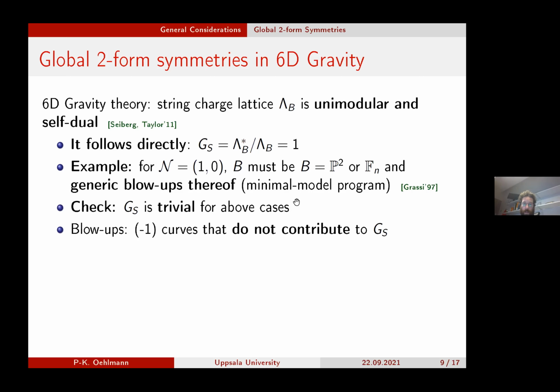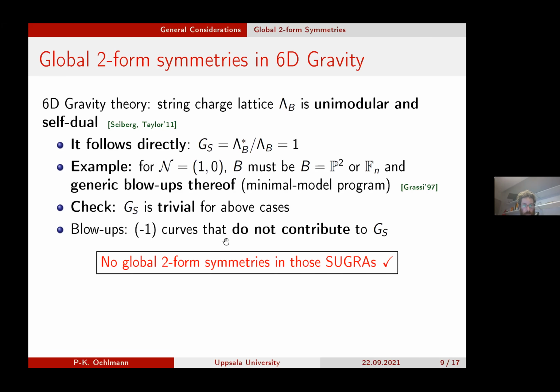And then if you just take generic blowups of those, so you just add -1 curves essentially into the base, then you also know that these -1 curves, because the determinant of these guys is 1, do not add any two-form symmetry. So that essentially tells you that all of these bases must have a trivial global two-form symmetry. But this is sort of already clear from the statement that Lambda B must be unimodular and self-dual. Okay, so no global two-form symmetries in the supergravity theories. That's good. Things are consistent.